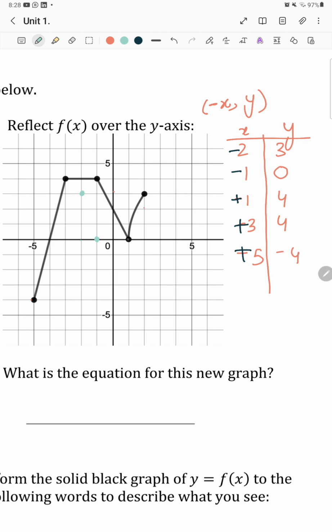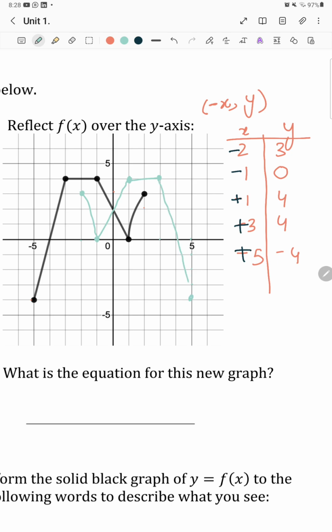Then x is +1 and y is 4. x is +3 and y is 4. x is +5 and y is 1, 2, 3, -4. So like this.